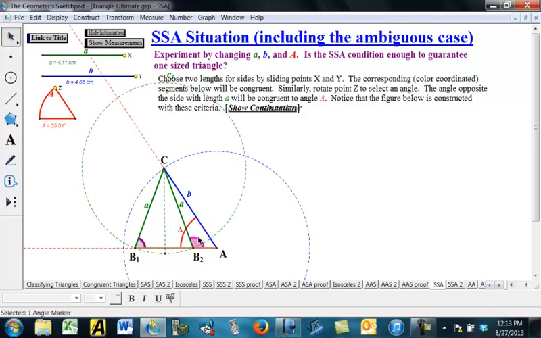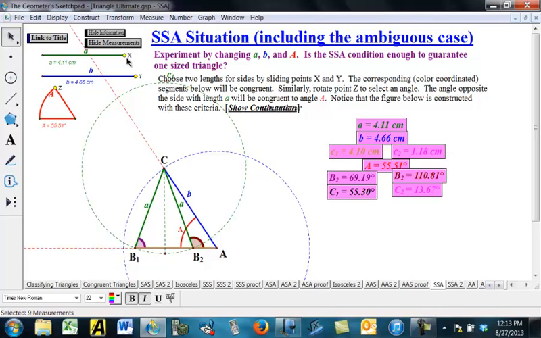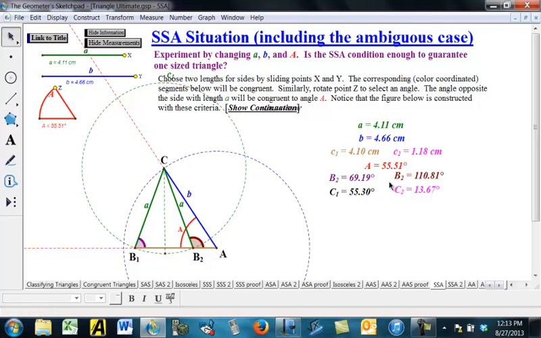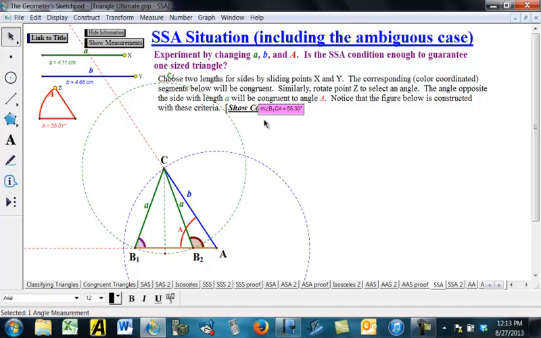So that means that this angle and this angle, the two possibilities for angle B, B1 and B2, must be supplementary. So if you add these two together here, you must get 180 degrees. There's the other angle I was missing a while ago.